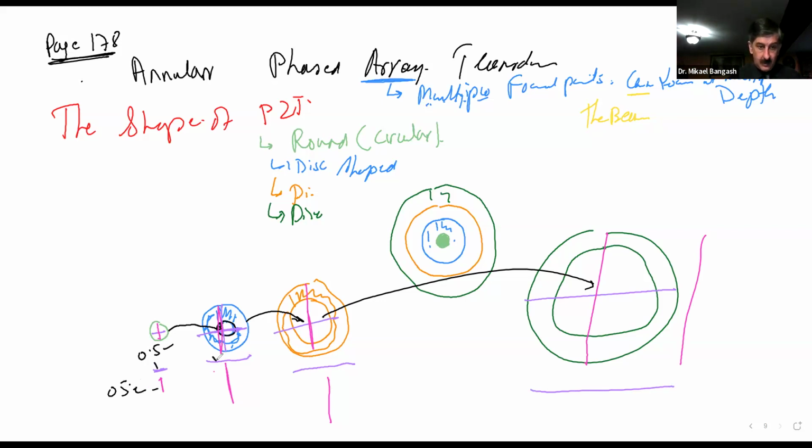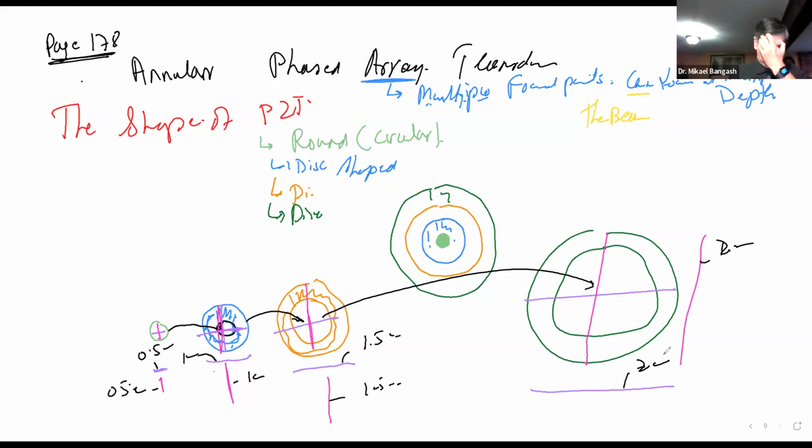If the width of this here was 1 centimeter, then the height will also be 1 centimeter. Whereas if this width was 1.5 centimeters, then the height will also be 1.5 centimeters. And so, like here is 2 centimeters, for instance, then this will also be 2 centimeters. You guys get that?